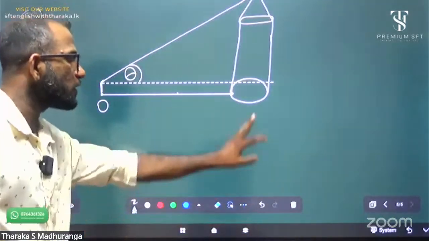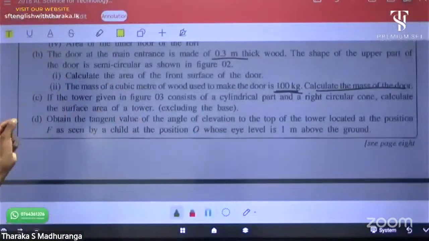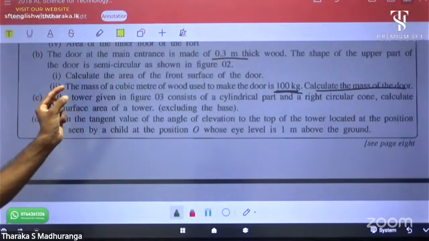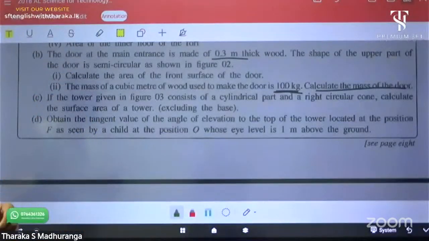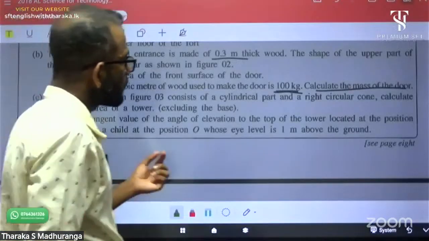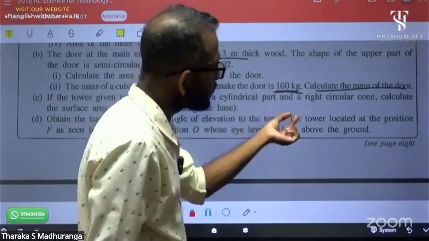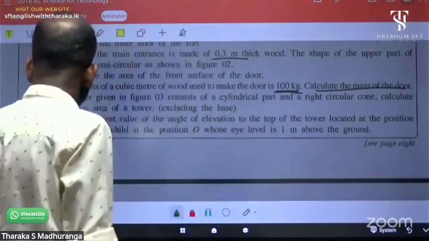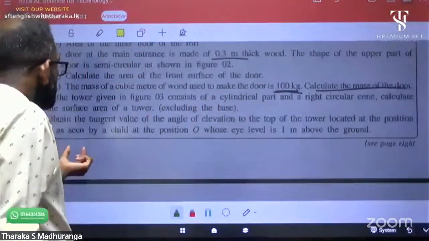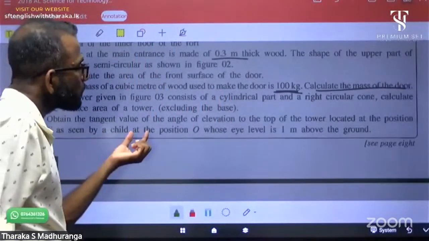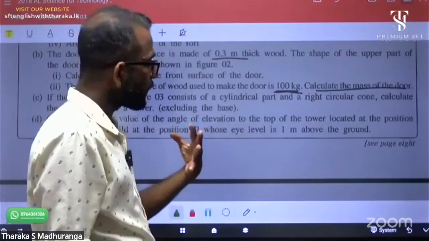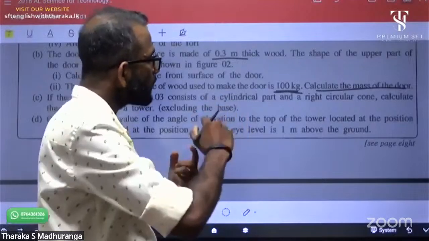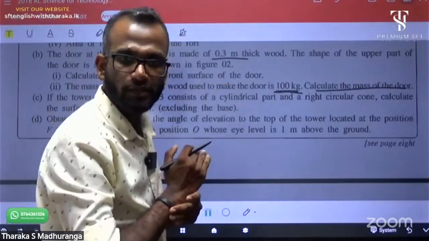Read this question again. Obtain the tangent value of the angle of elevation to the top of the tower located at the position F as seen by a child at position O, whose eye level is 1 meter above the ground.